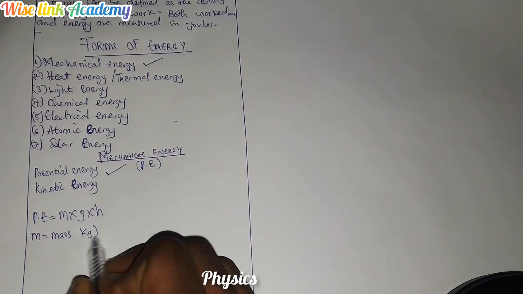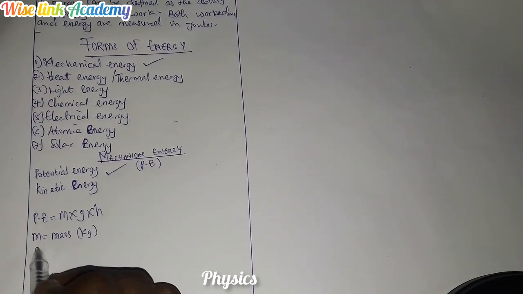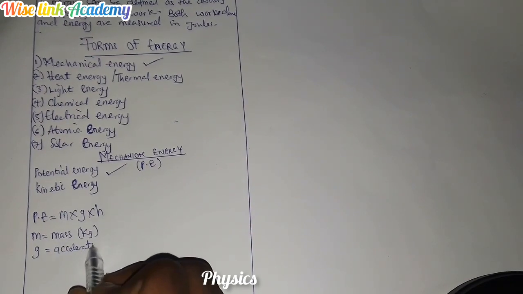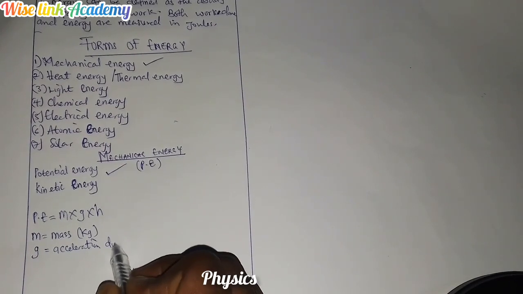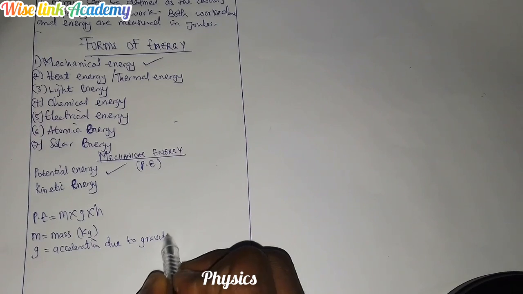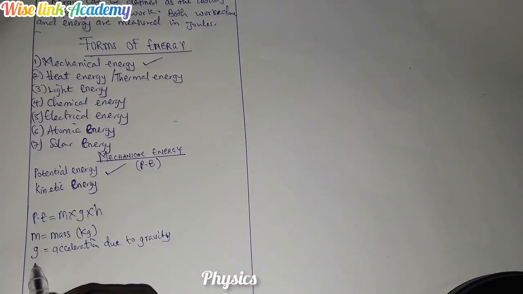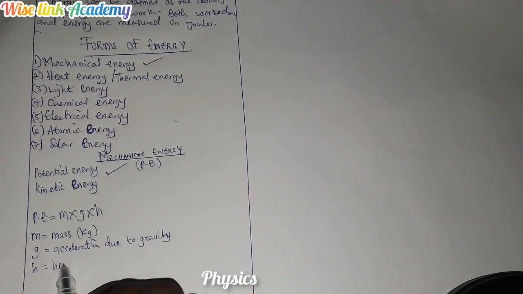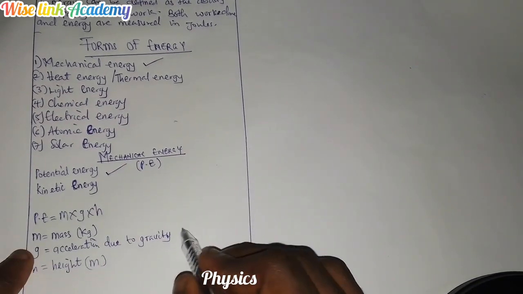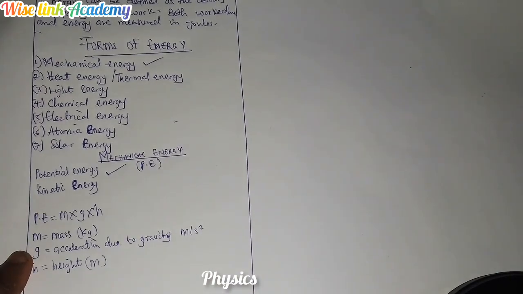Our g is acceleration due to gravity, in meter per second square. And the last one, h, is our height, in meter. Do you get that?